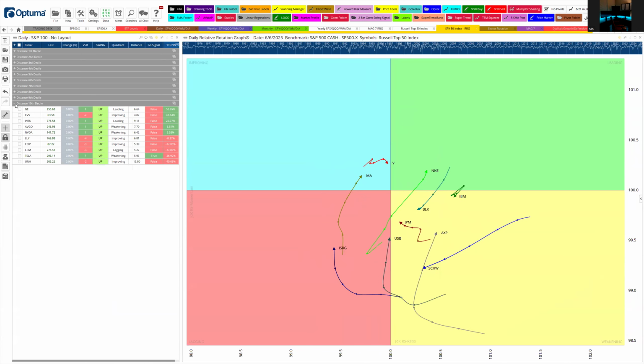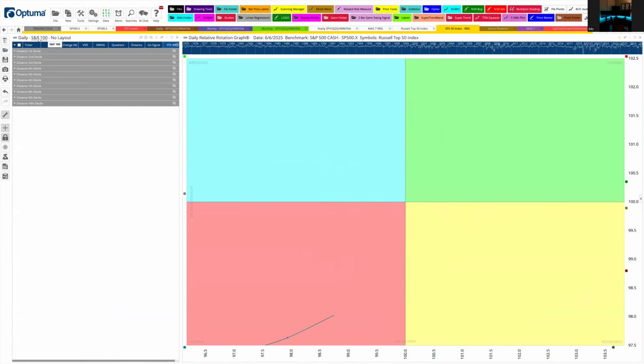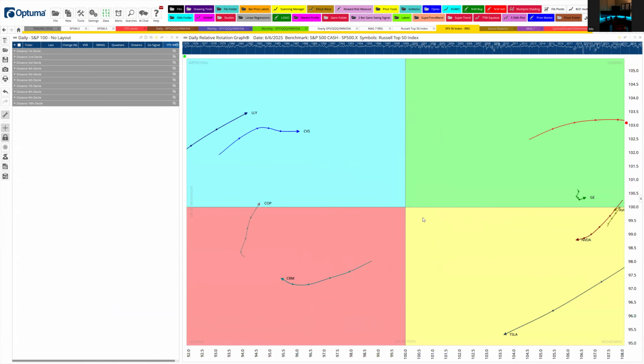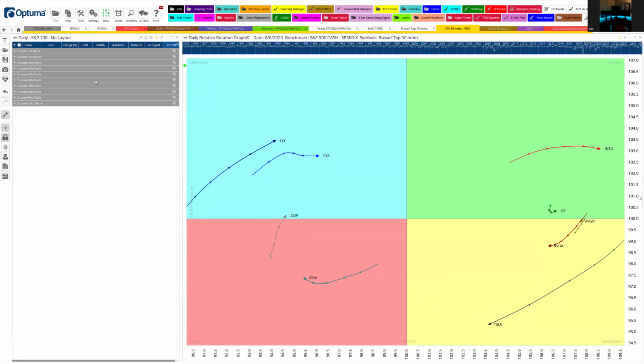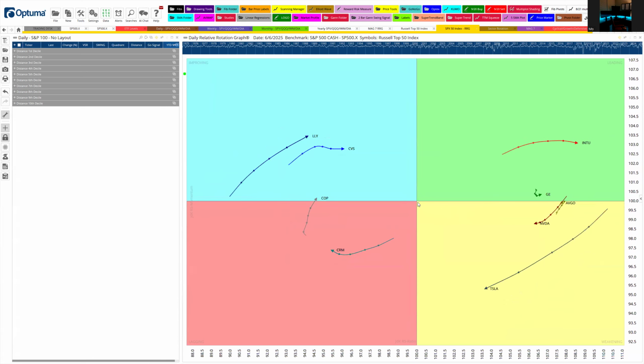This is the S&P 100 index. What you're trying to calculate right now is the distance from the center of the benchmark. The benchmark is S&P 500, right?